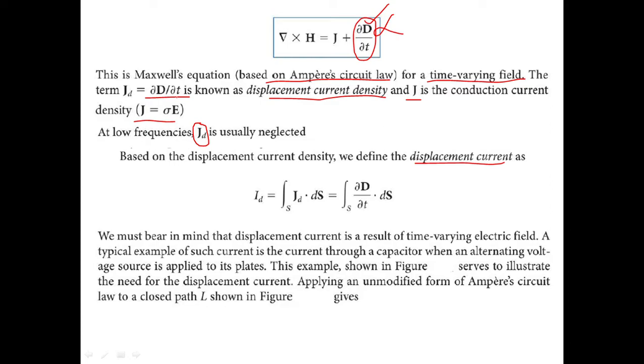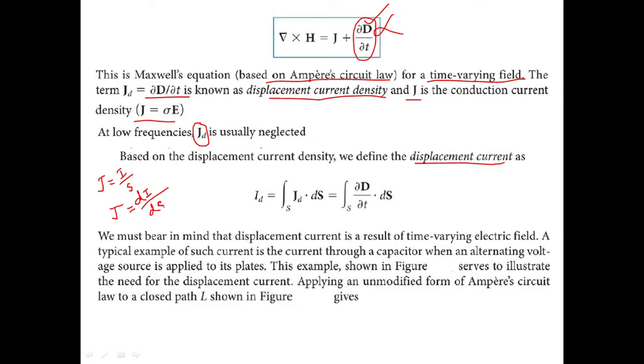Now how are current and current density related? I'll do this small derivation here. J can be written as current by surface. If I take differentiation on both the sides, I can write this as di by ds.